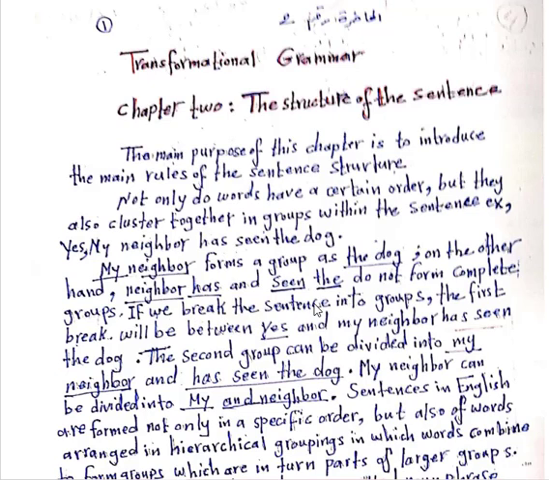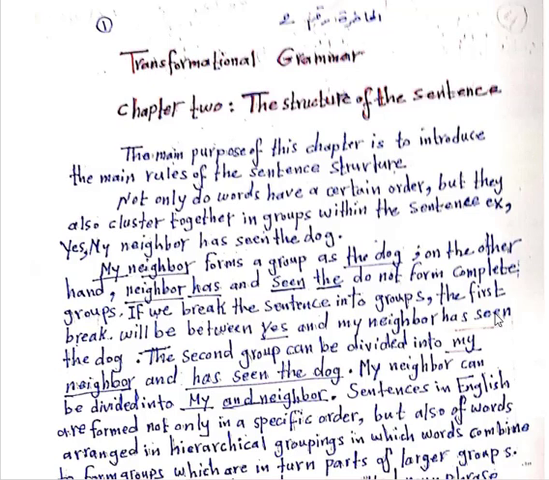If we break the sentence into groups, the first break will be between yes and my neighbor has seen the dog. That means yes, this is the first part of our sentence, and my neighbor has seen the dog is the second part.